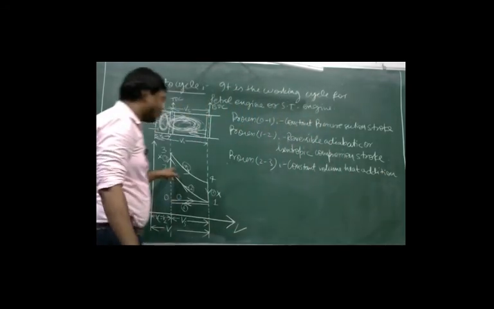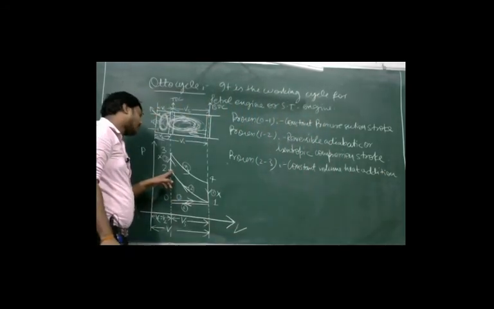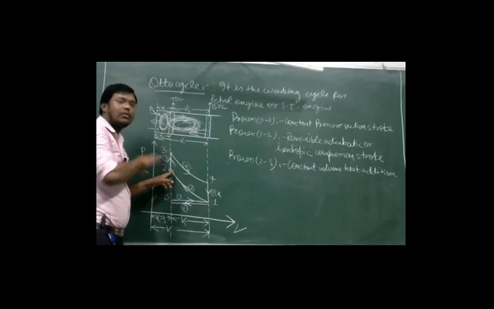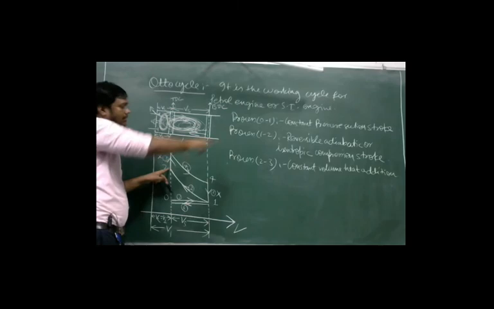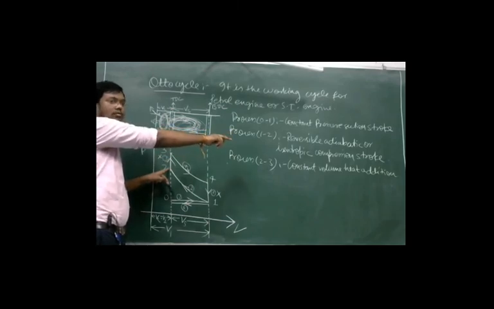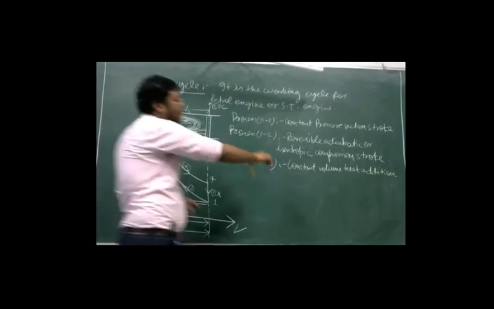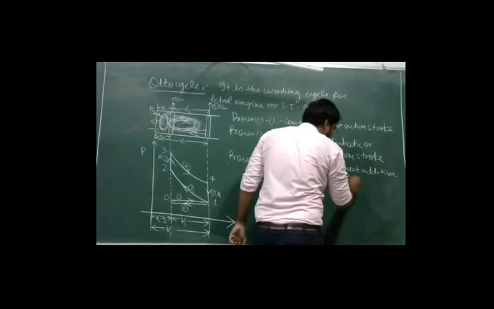Now this is not a stroke. It is only a process. So from 2 to 3, we cannot write it as a stroke. This is a constant volume heat addition process, not a stroke. It is only a process.